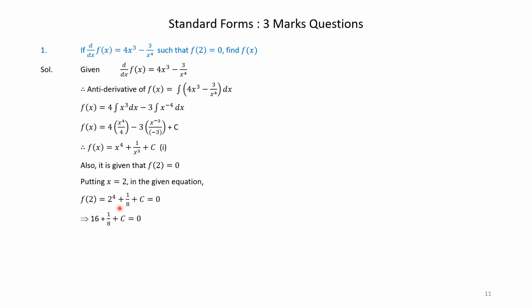Therefore, we have to calculate c from this equation. Therefore, 2 to the power of 4 is 16, plus 1 by 8, plus c is equal to 0. Therefore, from this equation, we find that c is equal to minus 129 by 8.